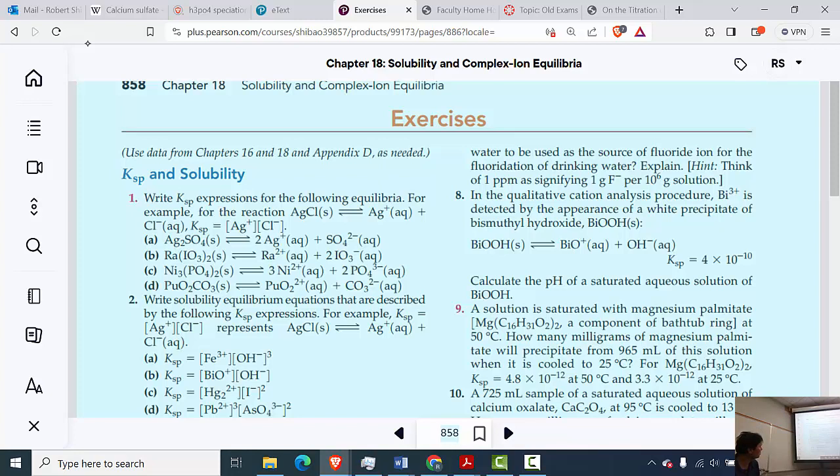Over here, this is radium iodate. The Ksp expression for radium iodate is going to be the radium ion concentration to the first, iodate to the second power. Nickel phosphate, Ni3(PO4)2: we have 3 nickels, so that's going to be cubed, and 2 phosphates, that's going to be squared. So that would be a 5th order equation.